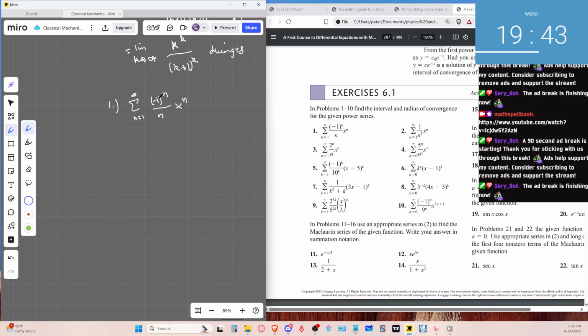Oh, actually, I think we can do the ratio test with this one. I think this one will be the limit as n goes to infinity.